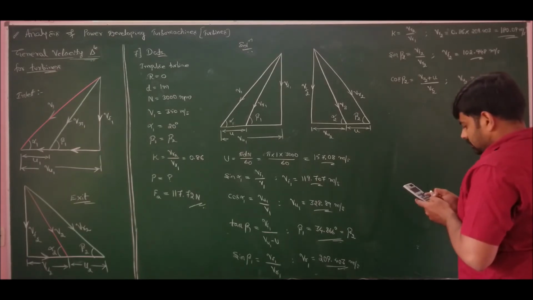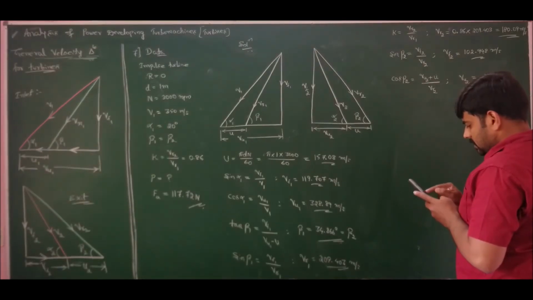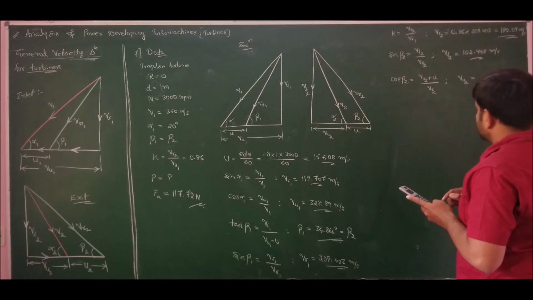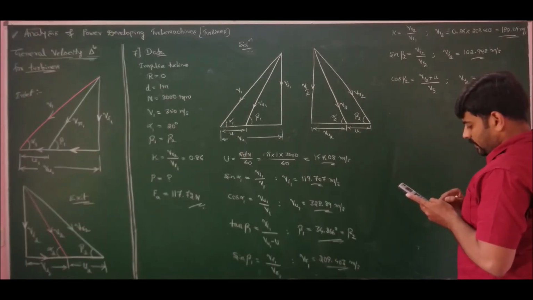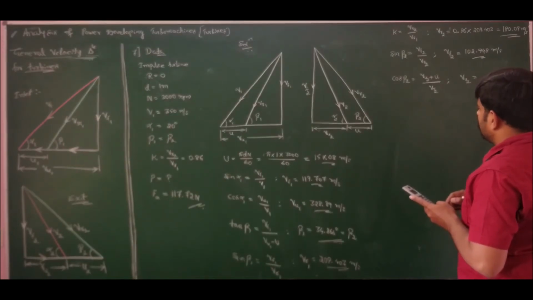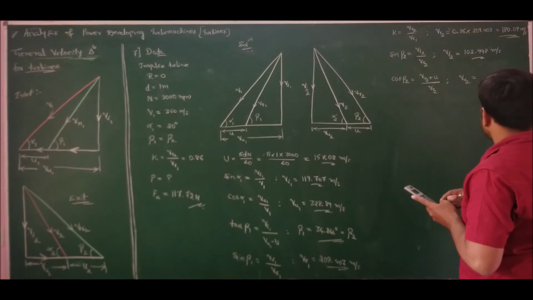That is cos of 34.866 is equal to VU2, the unknown, plus U value known to us, 157.08, divided by VR2. VR2 is 180.09.